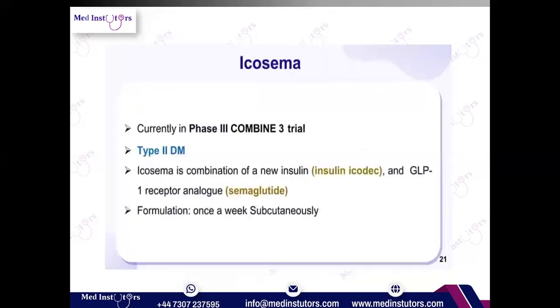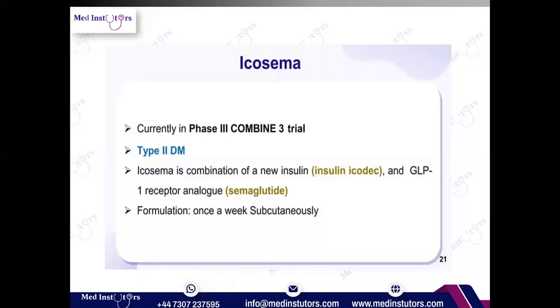Then there is icosema. It's a combination of icodec and semaglutide. That is how the term icosema came into being. Icosema is a once a week subcutaneous injection that is currently in the phase 3 trials. Semaglutide is a GLP-1 receptor analog, an anti-diabetic injectable.